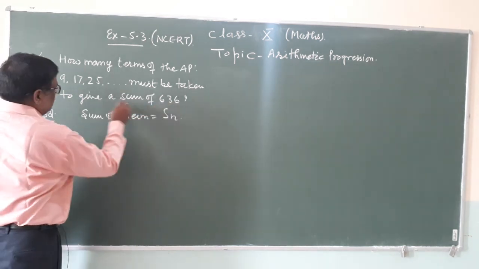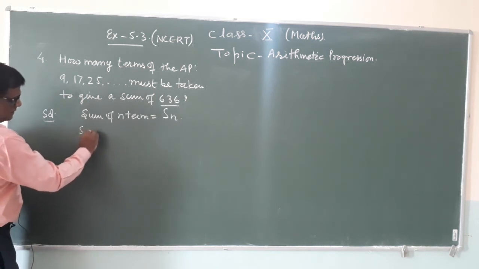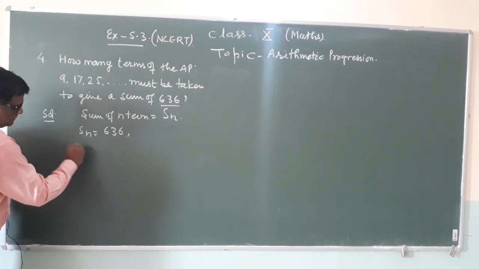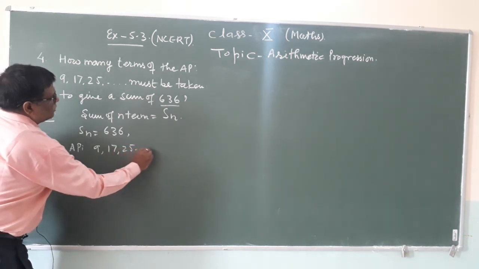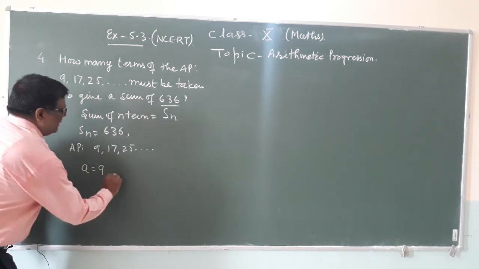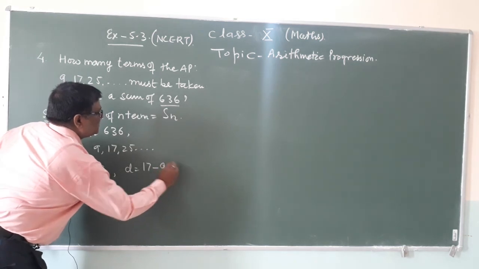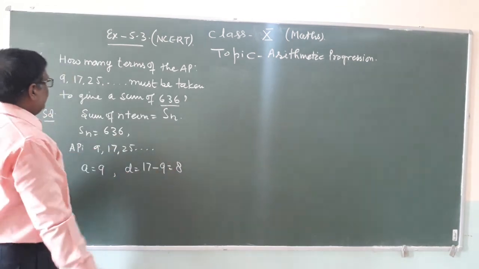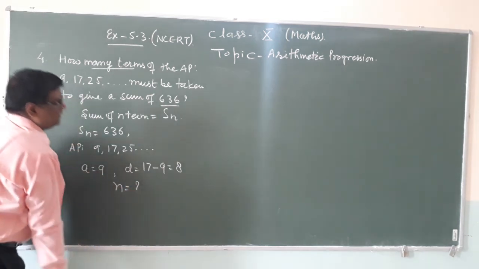To give a sum of 636, Sn is given as 636, and the AP is 9, 17, 25, ... Here a, the first term, is 9, and d is the second term minus the first term, 17 minus 9, that is equal to 8. And we have to find n, the number of terms.